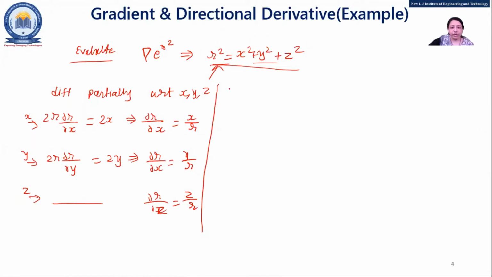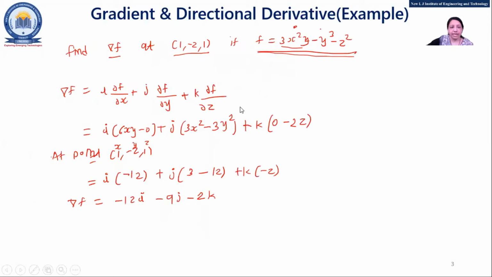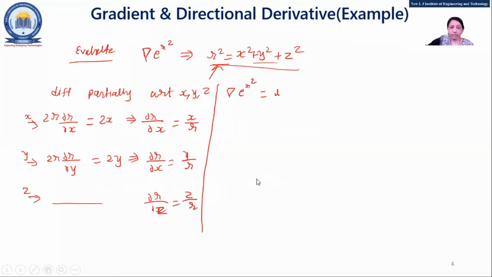Now we want to find grad e^(r^2). According to our equation, grad f is i ∂f/∂x, so instead of f we have e^(r^2). So we write i ∂(e^(r^2))/∂x.